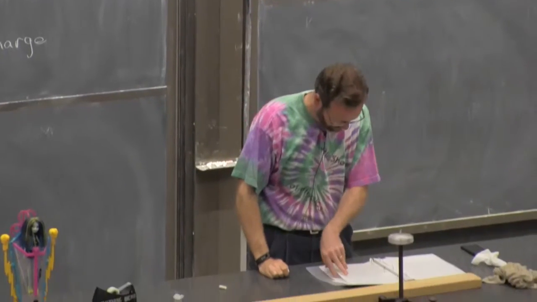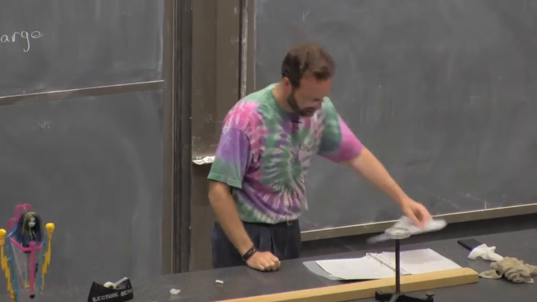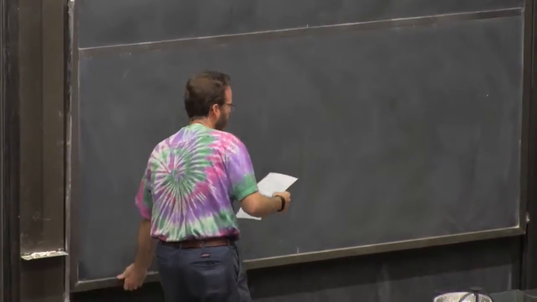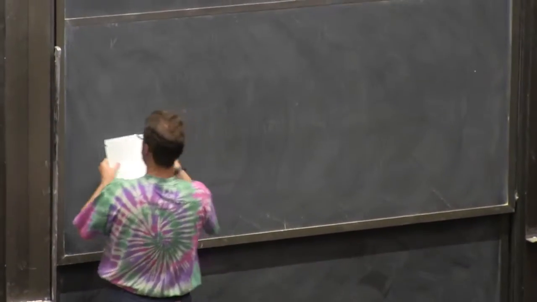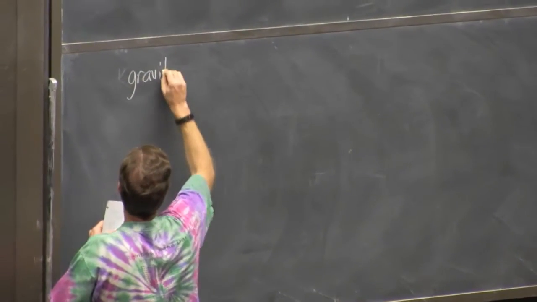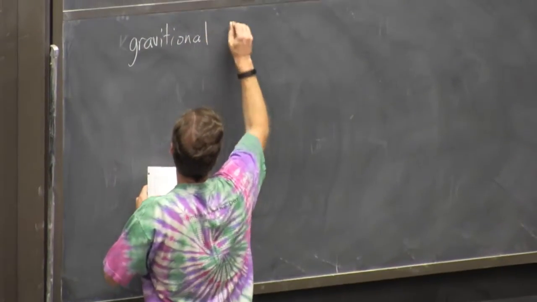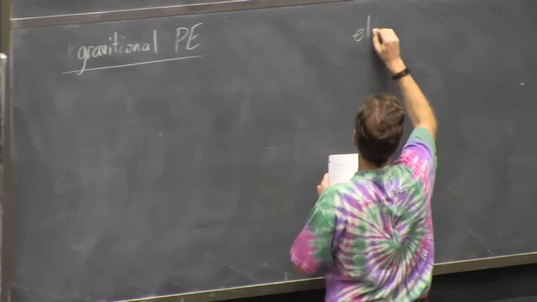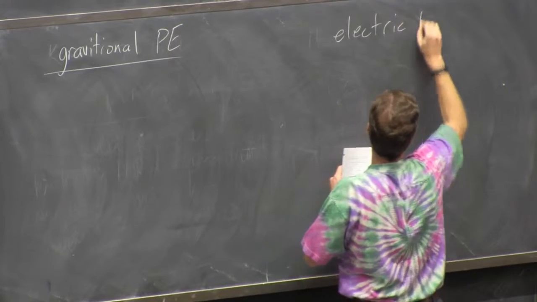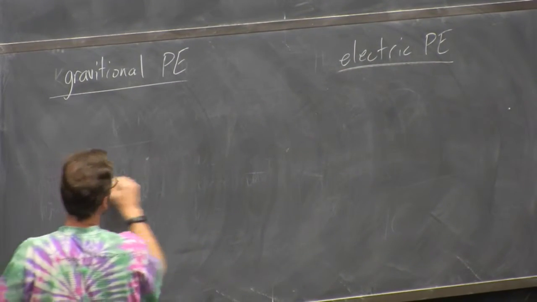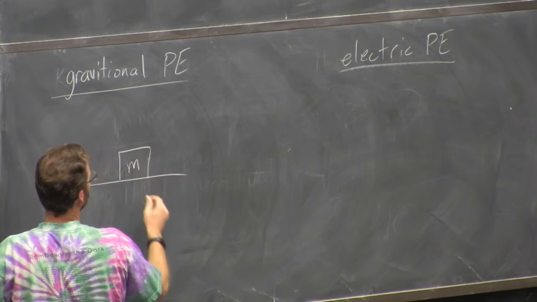Let's do that one. All right. Gravitational potential energy. We're going to compare it to electric potential energy. Start with this one you're familiar with. Remind you, you have a mass.